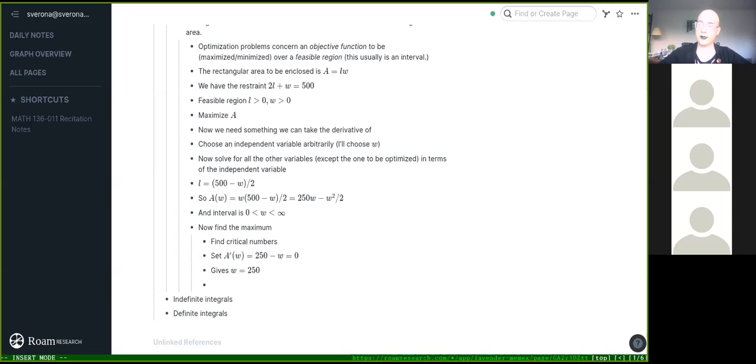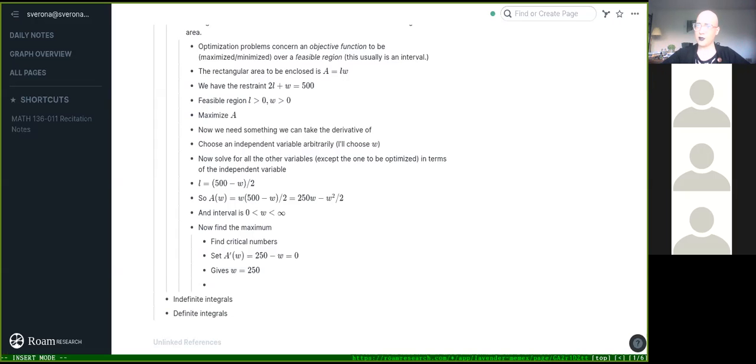Now, I'm going to claim here that this interval doesn't really have endpoints because it's an open interval. So 0, which we would call one endpoint, doesn't belong to the feasible interval, right? It's not in there. Everything bigger than 0 is, but 0 itself is not.